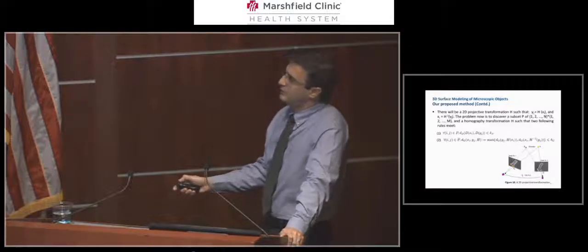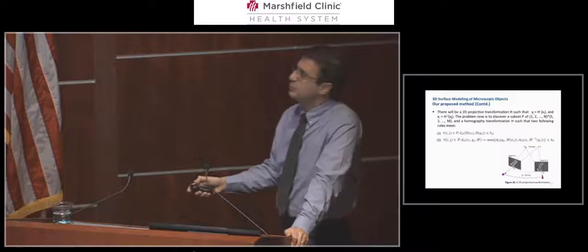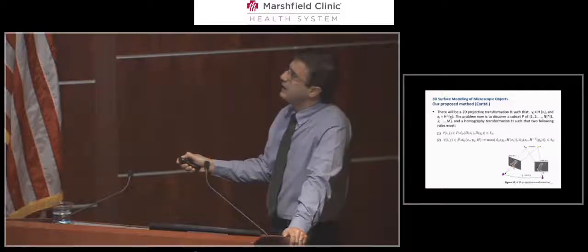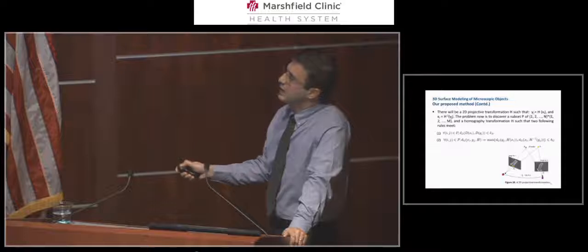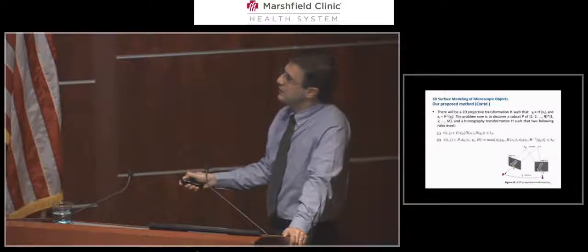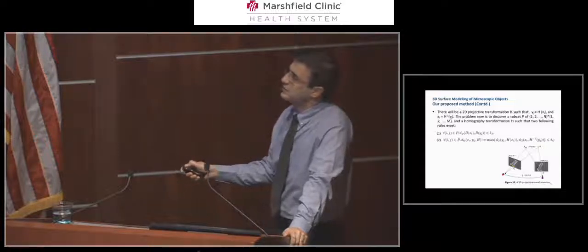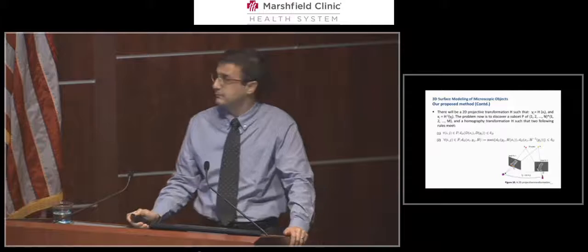So the problem of discovering matching points is to explore a subset P of 1 to n, which is the number of feature points in image 1, times 1 to m, which is the number of points in image 2, and also a homography transformation h such that two following rules are met.